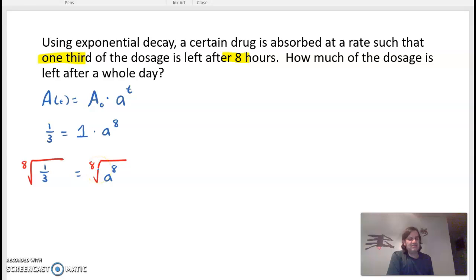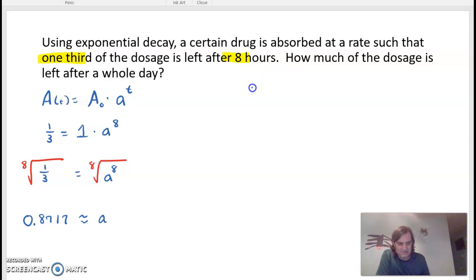So let's see what this does give us. So a will be approximately 1/3 raised to the 1/8 exponent, or the 8th root, and I've got here 0.8717 if I use 4 decimal places.